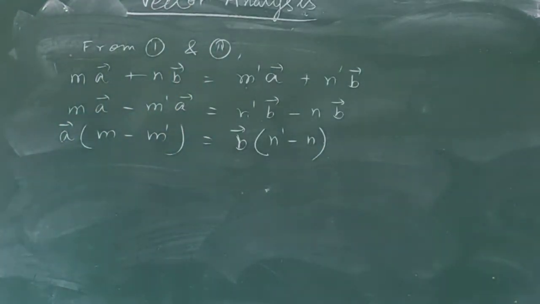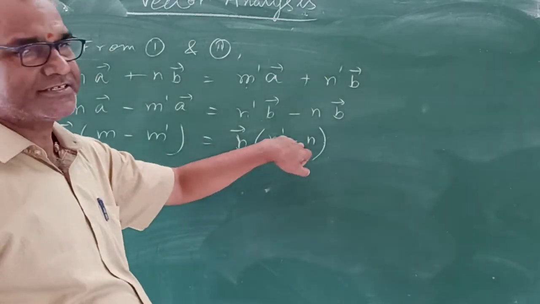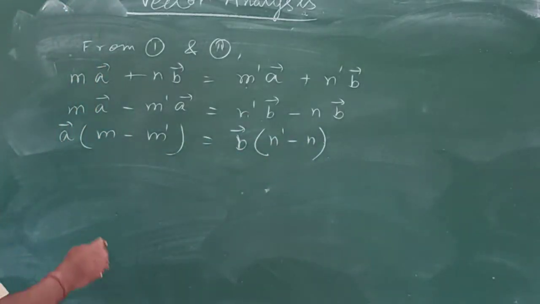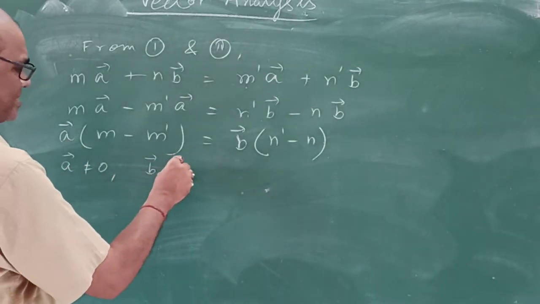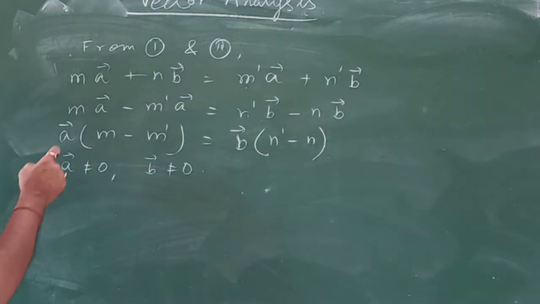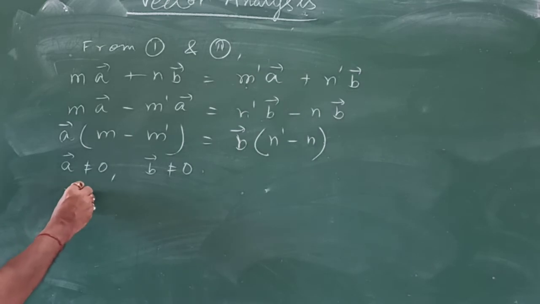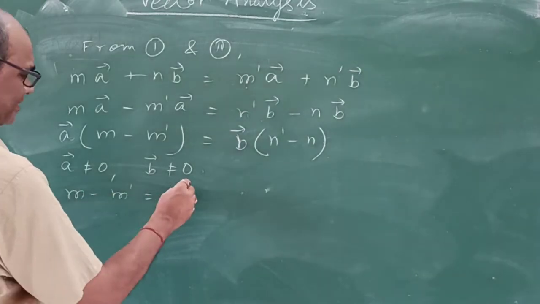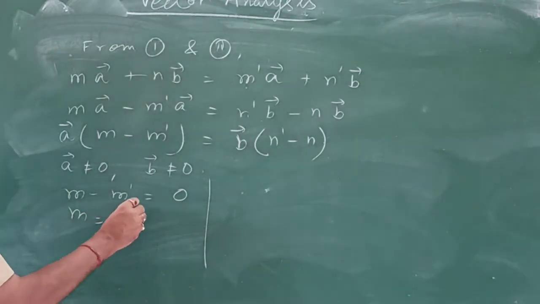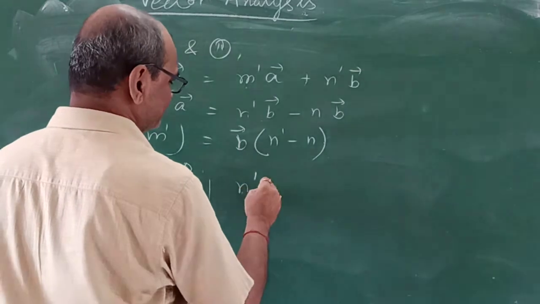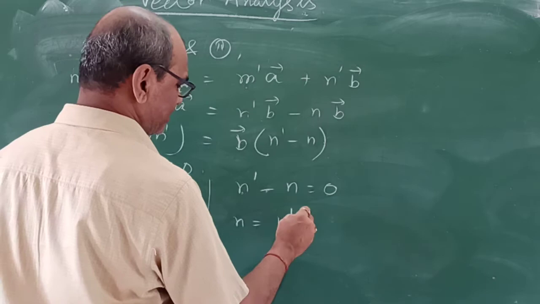This equation is satisfied only if m minus m dash is equal to 0 and n dash minus n is equal to 0, because vector a is not equal to 0 and vector b is not equal to 0. Then m minus m dash is equal to 0, or m is equal to m dash. Similarly, n dash minus n is equal to 0. Therefore, n is equal to n dash.